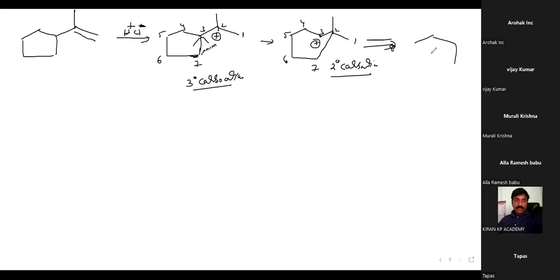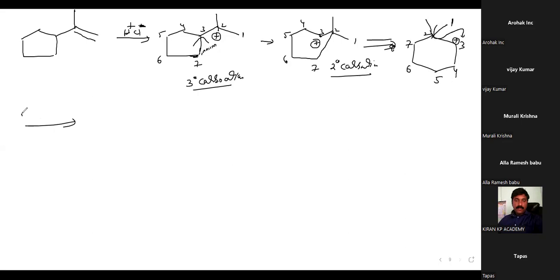Now I will write the regular hexagon structure in this case. So here we have 2 methyls. Now let me say 1, this is 2, 3, 4, 5, 6, 7. Now at the third carbon we have a positive charge. Let us expect what will happen: the methyl shift.